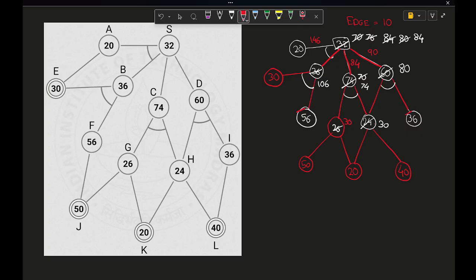When this plus 30 becomes 60, later 80, this is marked as solved. So now because this is marked as solved, this is also marked as solved, and 30, 30, 60 plus 20, 80. This is 80 and this is 90.